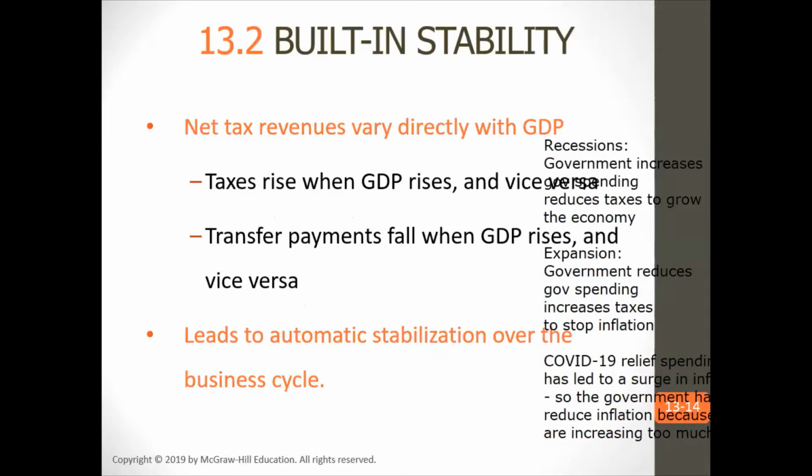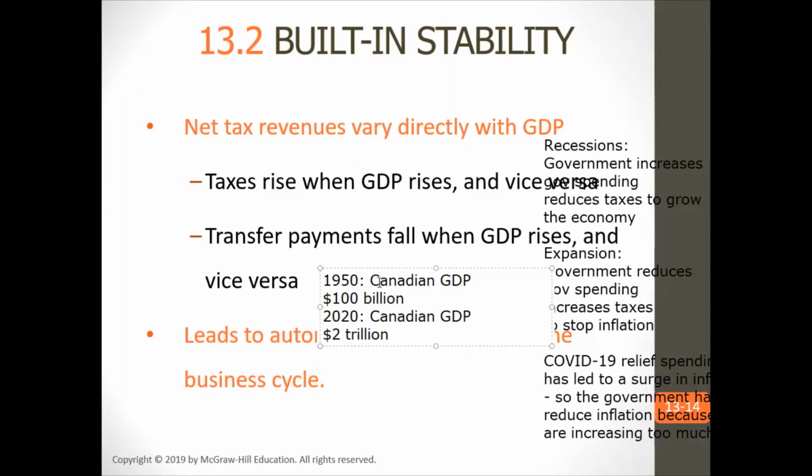So taxes rise when GDP rises and vice versa. So what happens is, let's say in 1950 Canadian GDP was $100 billion. Probably it was something different, but then let's say in 2020 Canadian GDP is 2 trillion, right? Let's say the average tax rate is 30% in both scenarios, just for example.